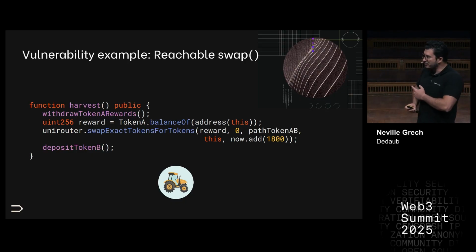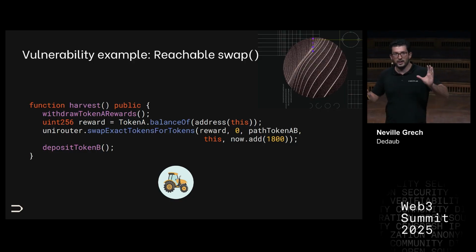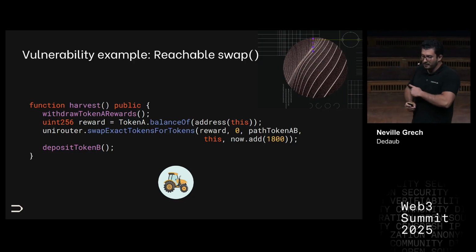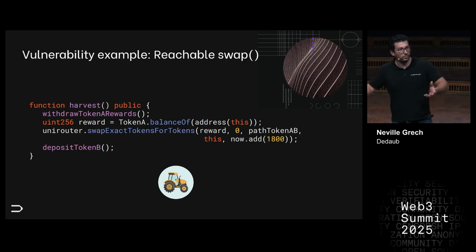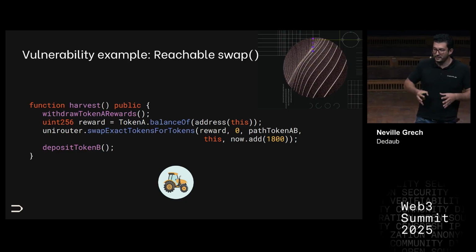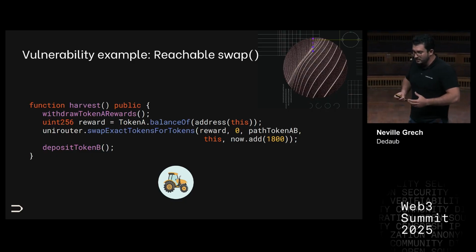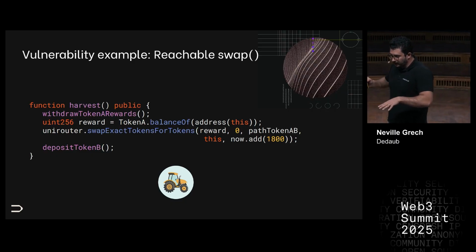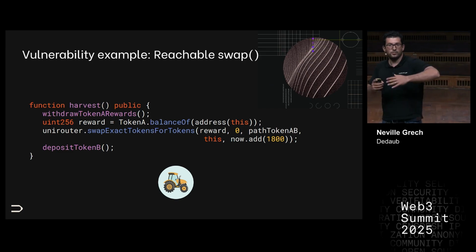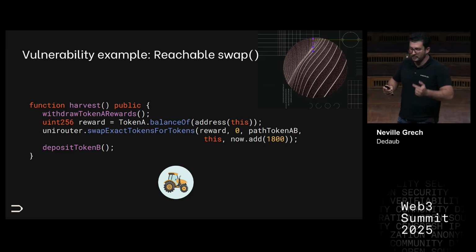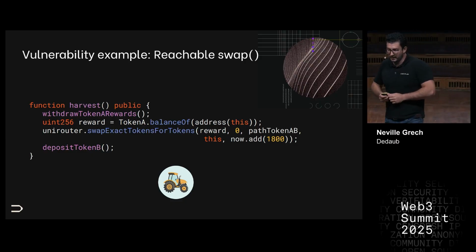So this function can actually be called by anyone, right? However, this function does a swap, a rather large swap of the protocol's funds on an LP that can be predicted, right? So what an attacker can do is find the LP, do a giant swap using a flash loan, for instance, then call harvest, and then extract the money back.